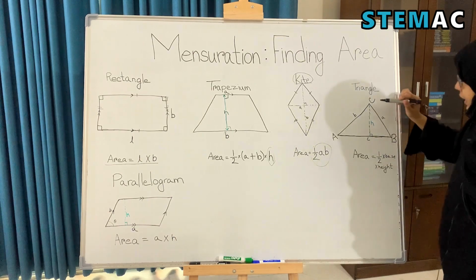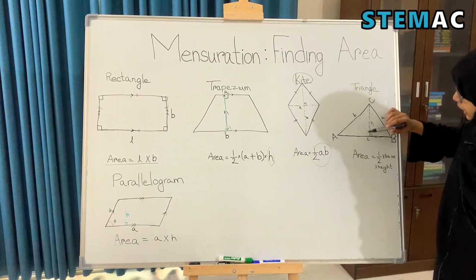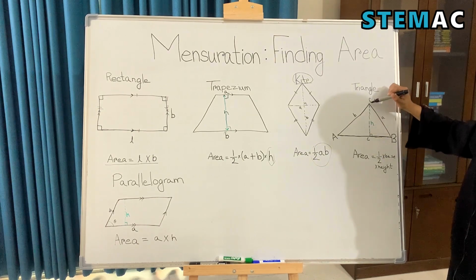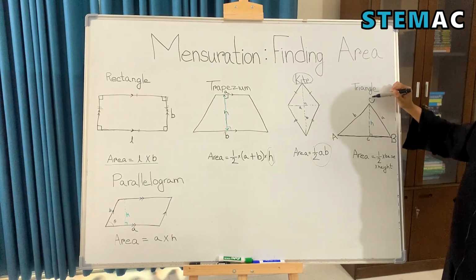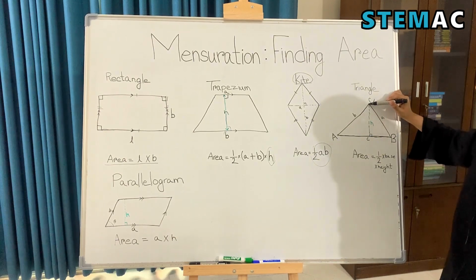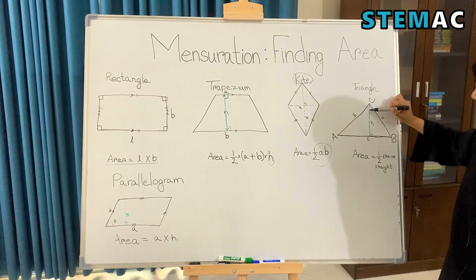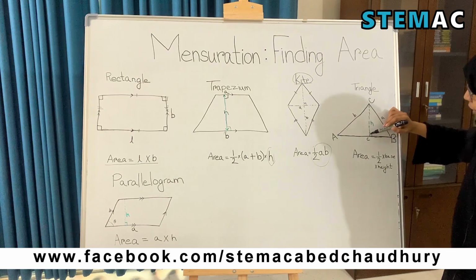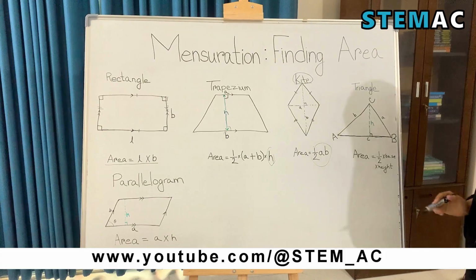That is because the vertex opposite to this length is the capital C. From this point, capital C, if we draw a line that is perpendicular to this side, that would be the height.